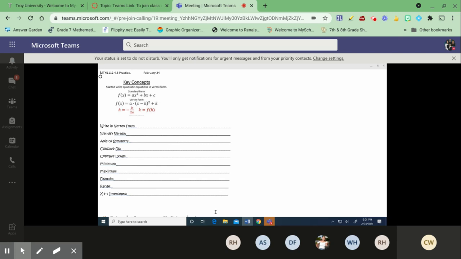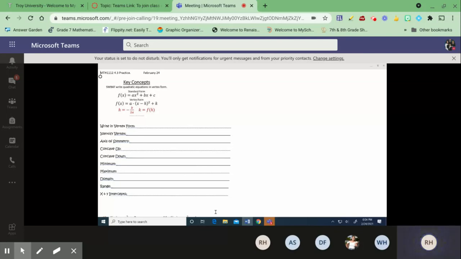What we're going to need to do is go from our quadratic equation of ax squared plus bx plus c to our vertex form.